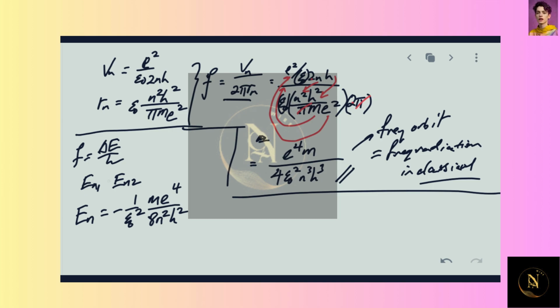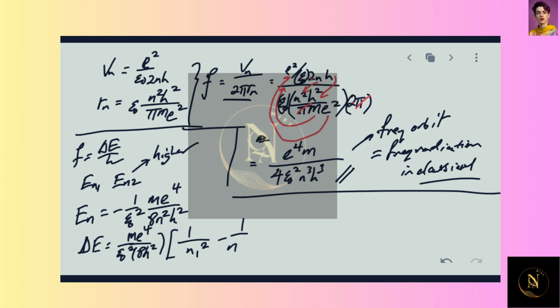So if you have these two different energy levels, supposing that this is the higher energy level, the energy difference will just be 1 over epsilon naught square times m e4 by 8h square, and we will have 1 over n1 square minus 1 over n2 square.